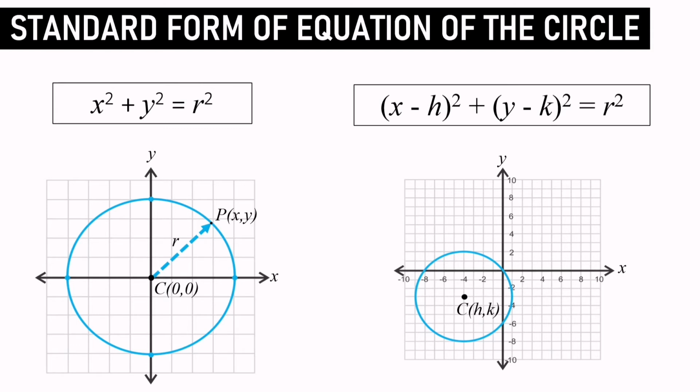X minus h quantity squared plus y minus k quantity squared is equal to r squared. So kani kung ang center sa imong circle kay wala sa origin. Kaning imong h diri, okay, mao ni siya ang coordinates sa center sa imuhang circle.